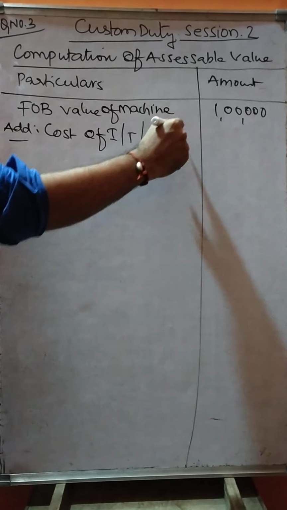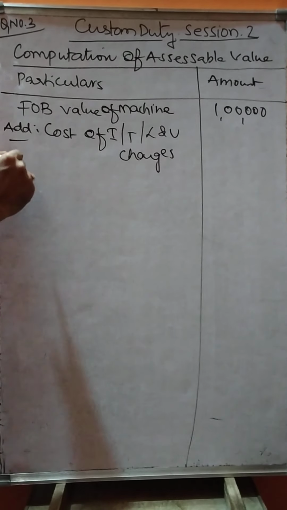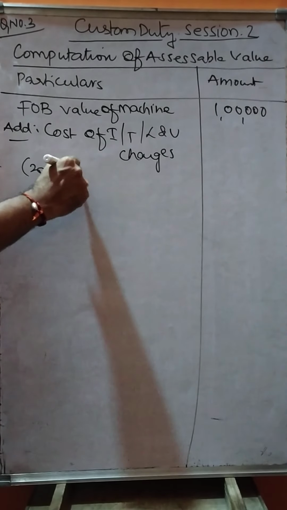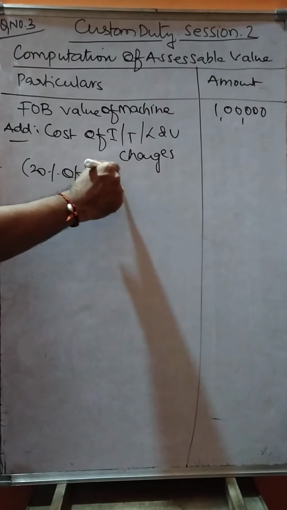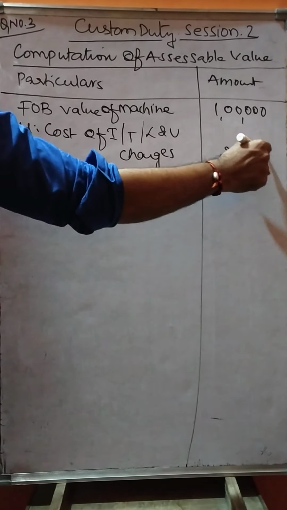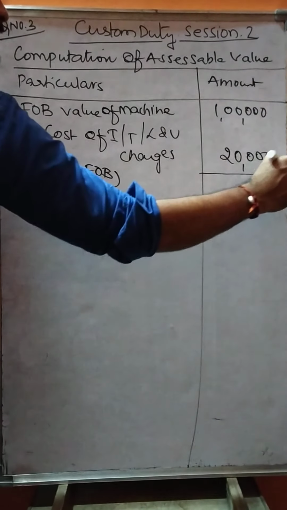Since it is not ascertainable, then we are taking 20% of FOB value. 20% of FOB, 1 lakh at the rate of 20%, 20,000. In the question, this value is not available. When the value is not available, we are supposed to take 20%.